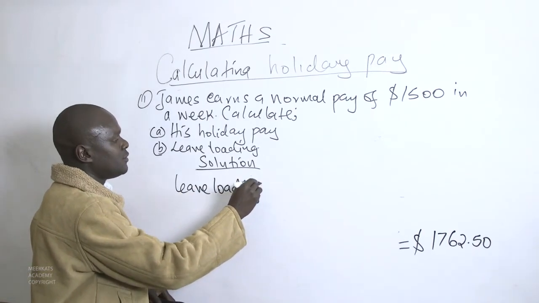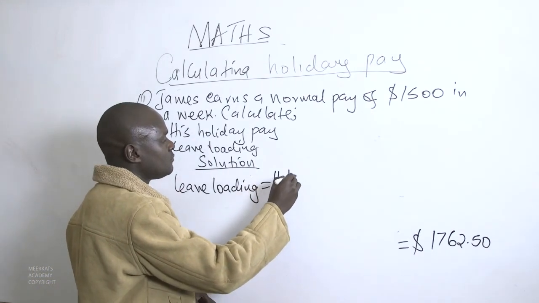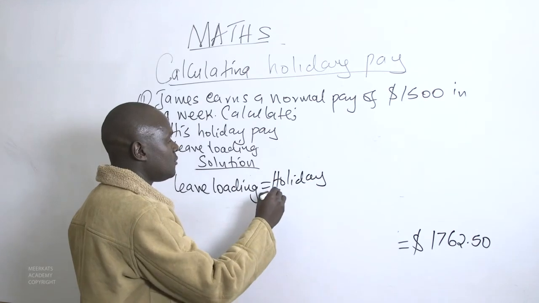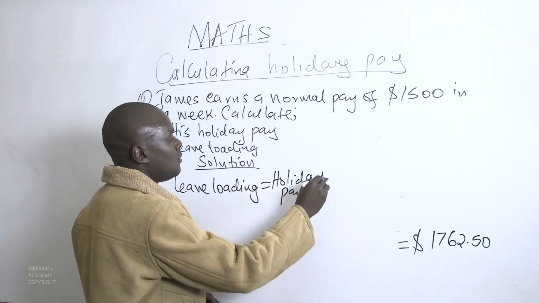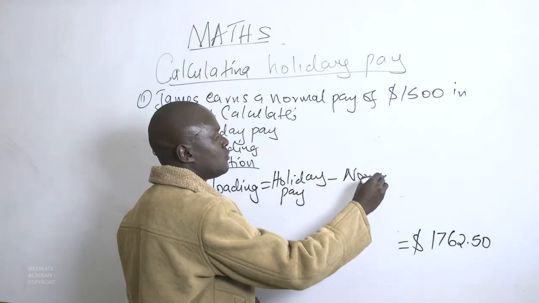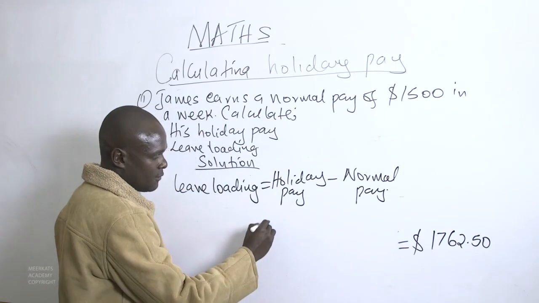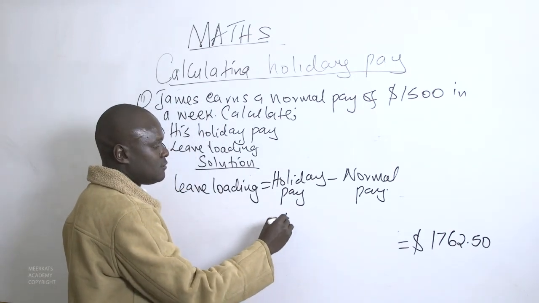So our leave loading will be equal to the difference between the holiday pay minus the normal pay.